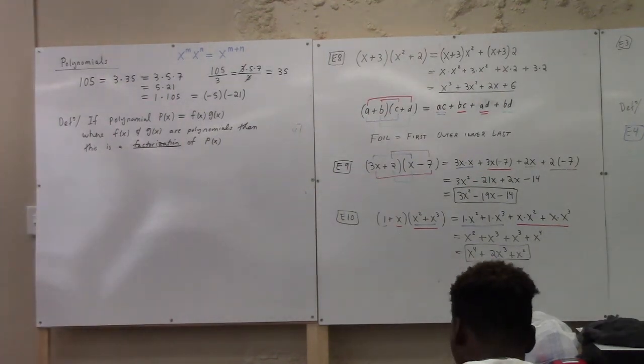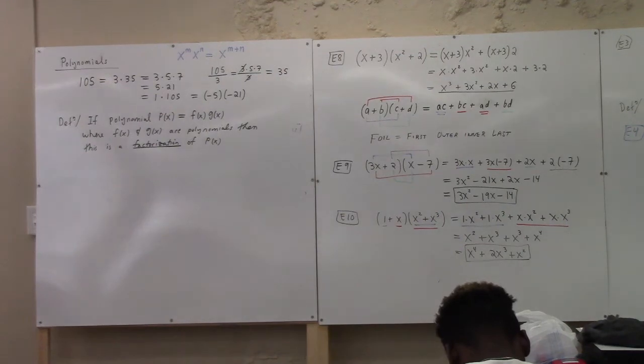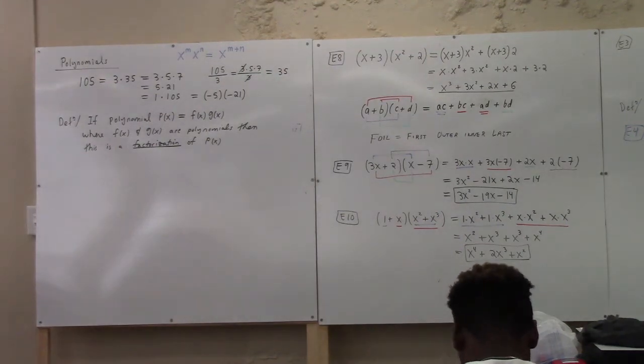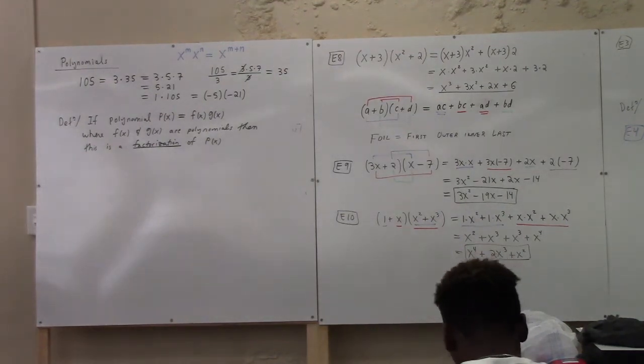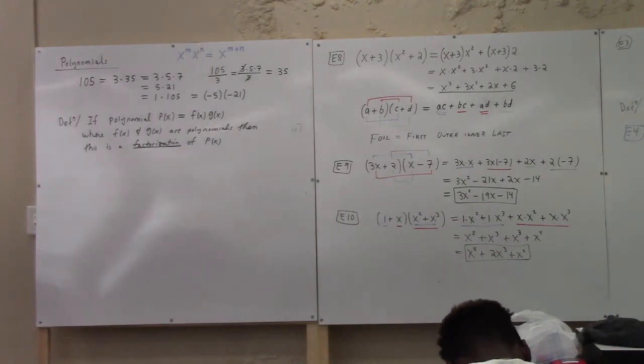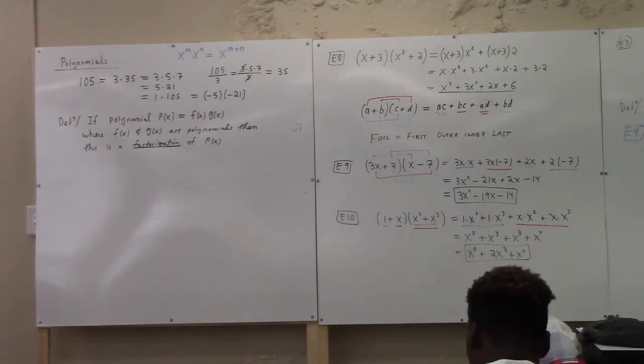Let me put it into words. To factor a polynomial is to write the polynomial as a product of other ones. In some sense, factoring is like unmultiplying. You could say that.